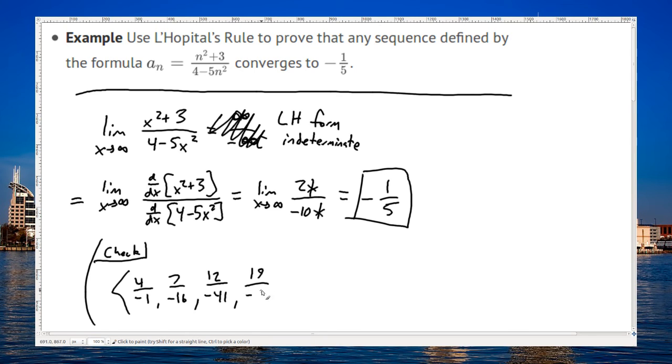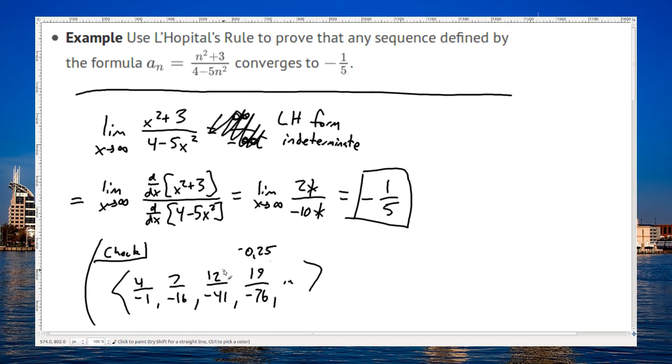So that'd be negative 76. Okay, let's figure out what this last number is here. 19 divided by 76. Oh, that's negative 0.25 right there.